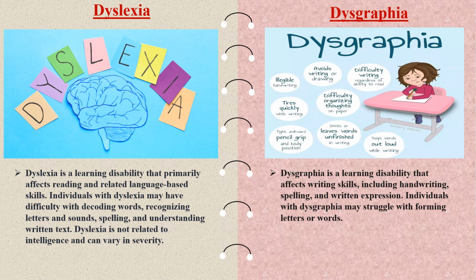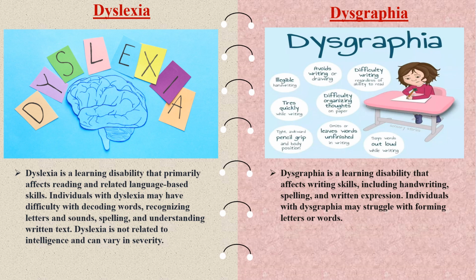The child faces difficulty in reading these words. Also, the children hesitate and require a lot of effort to read. So we can say that dyslexia is a learning disability which primarily affects our reading skills.